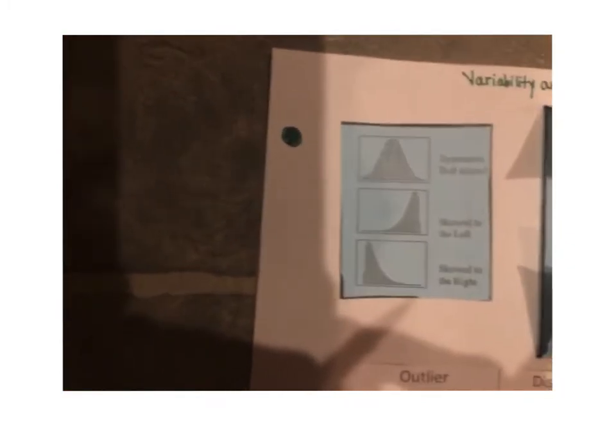But if we want to have the best summary possible, there's some rules we need to follow. We go up here and look at my bell curve here, right up here at the top. It says the symmetrical bell-shaped curve. Okay, so the symmetrical bell-shaped curve, there we go.